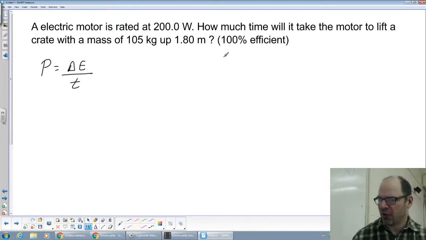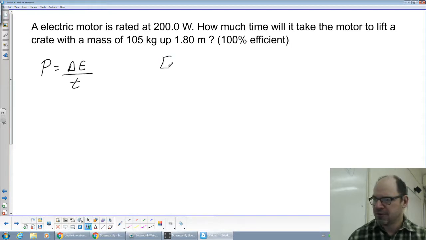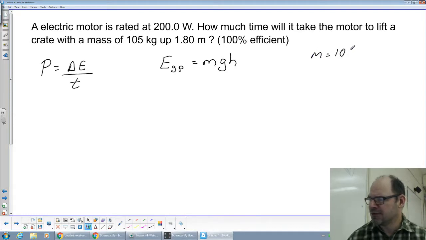So we know that the energy that we're going to have is we're creating gravitational potential energy. Okay, so we've got our mass of the crate. We've got our height of the crate lifting and the gravitational constant of the Earth.